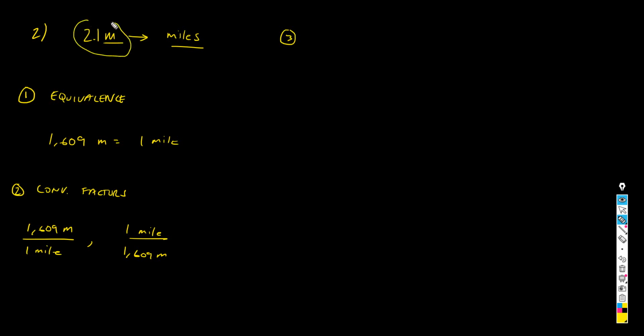Pick your original quantity that you want to convert, 2.1 meters, write it down, and then shape it as a fraction, like so, and close it in parentheses. And then let's multiply it by an appropriate conversion factor. So it's going to be either this or this. How are you going to tell which one to use? Well, just look at the unit you want to cancel. You want to cancel meters. And in this conversion factor, the meters appear below. So you need to use this one again.